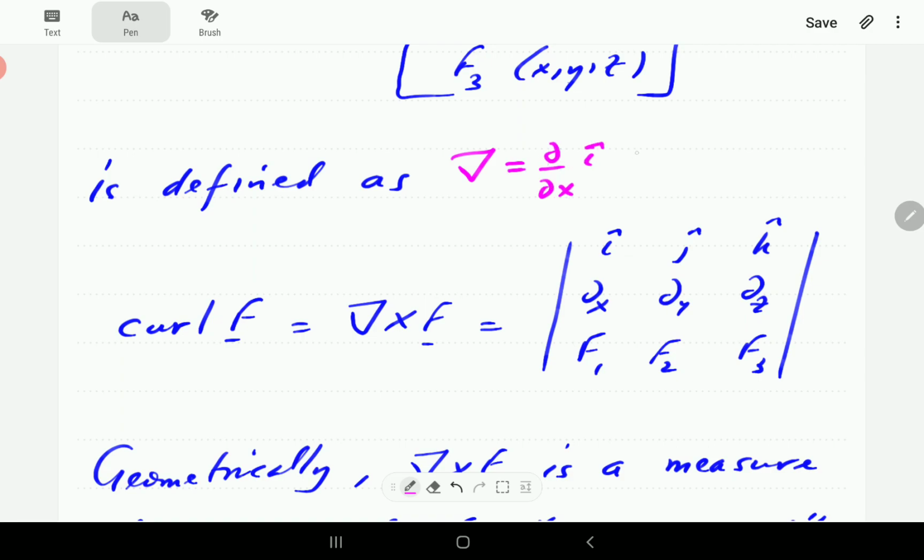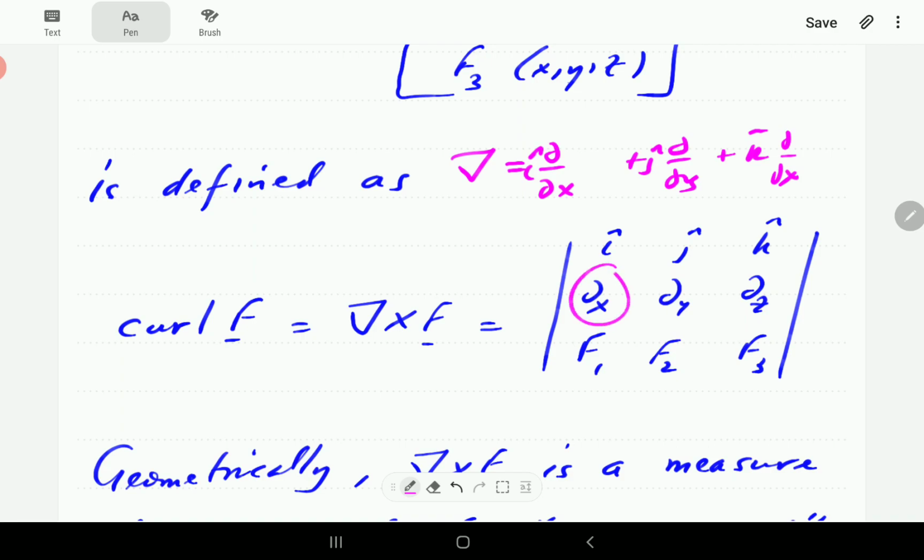Because this is an operator, we can bring it in front: i, j, and then k, that's the z component.